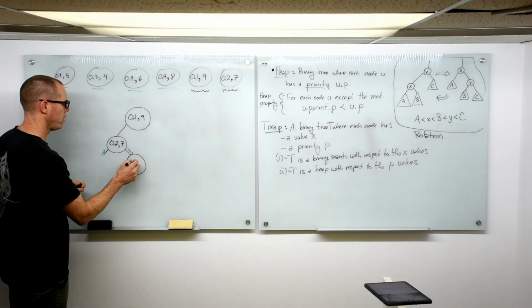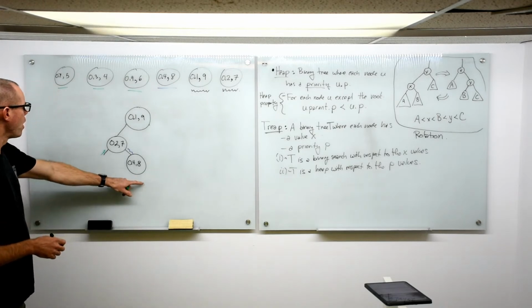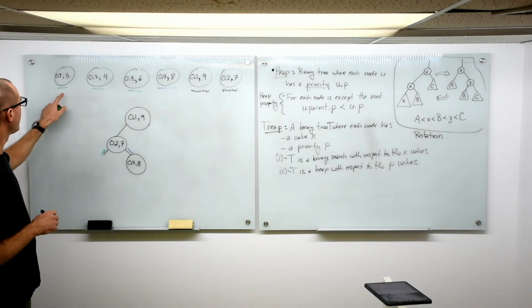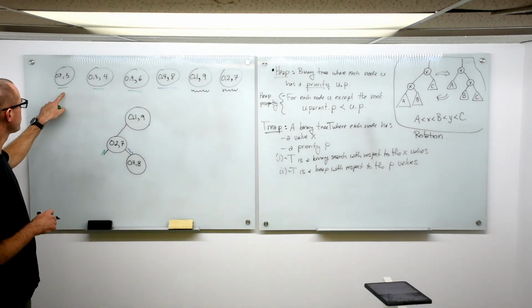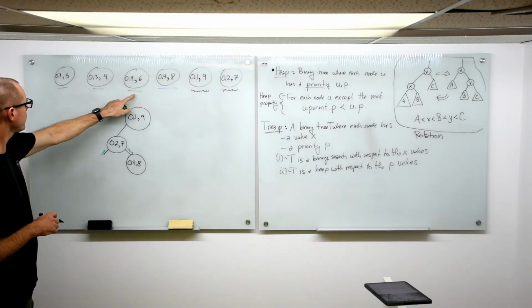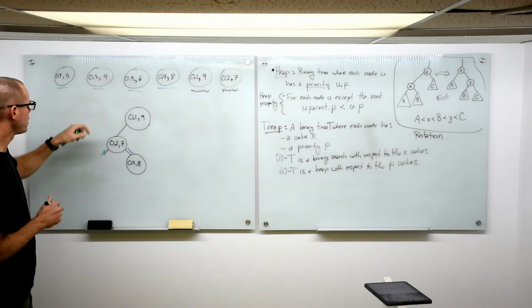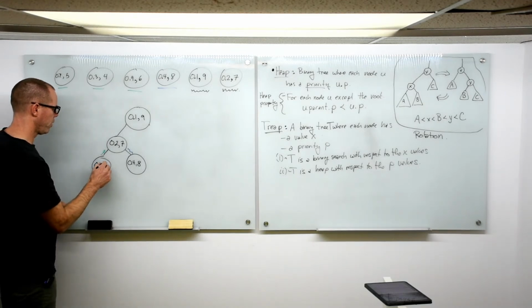It's that node, 0.48. Now there's nothing to do here. And over on the left, I have these 3 green nodes, all with values smaller than 7. And I need to take the one with the smallest priority, and that's 0.3. And it's holding the value 4.